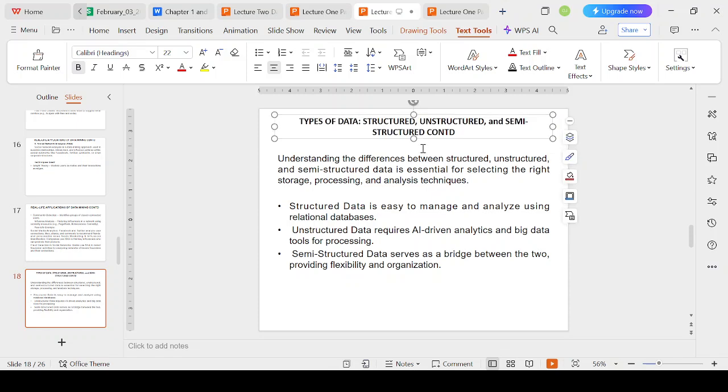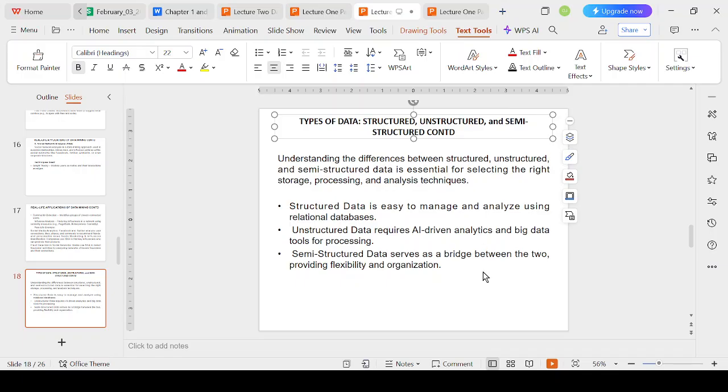In big data analysis, we deal with different types of data, not only structured data as in relational databases. Understanding the differences between structured, unstructured, and semi-structured data is essential for selecting the right storage, processing, and analysis technique.